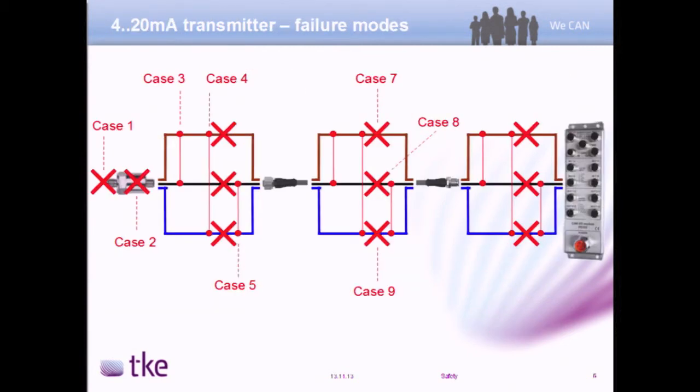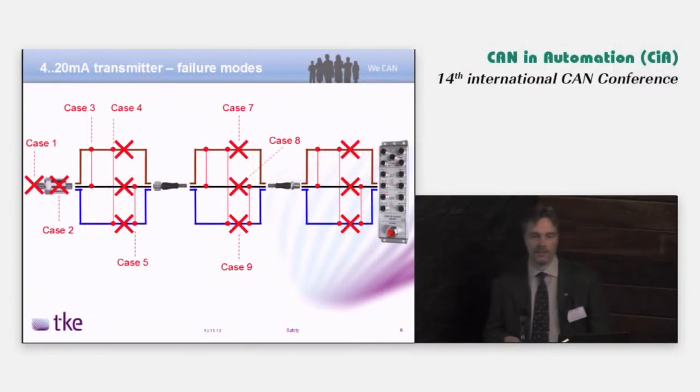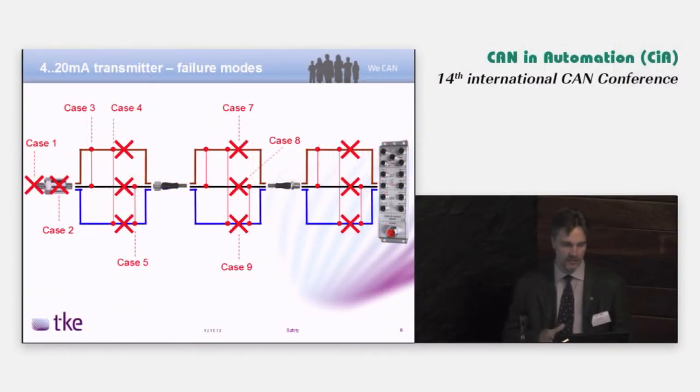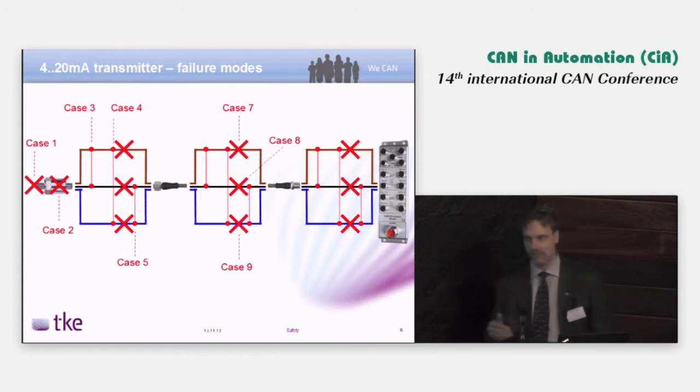Then, this is a drawing based on EN 13849. There are certain failure modes defined already in the standard. And there's a clear statement that if, for example, warranty feedback from the field reveals something else, it should be considered.